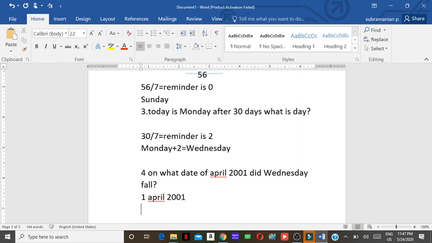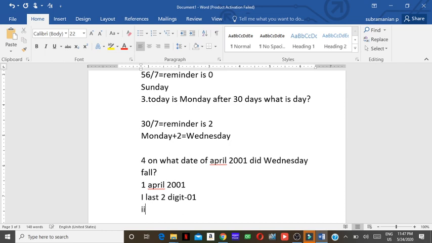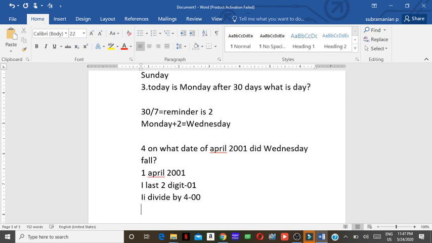Same five steps here also. The first step is the last 2 digits, which is 01 from 2001. The second step is divided by 4. 01 divided by 4 will give the quotient as 0, so no need to define that. The third one is the date, which we take as 01.